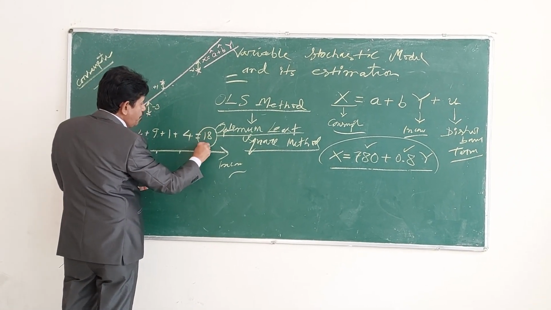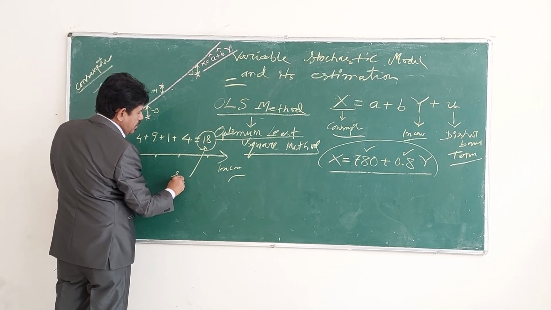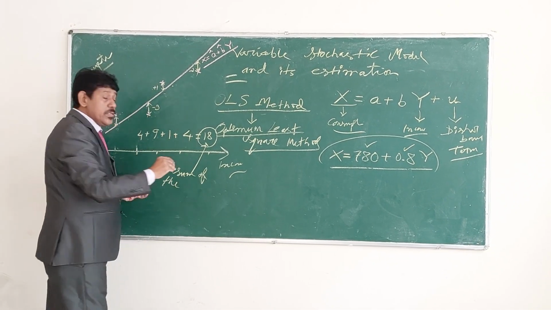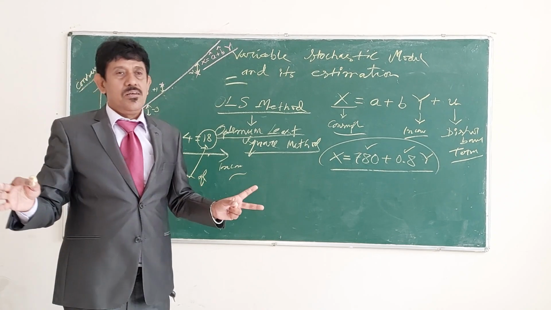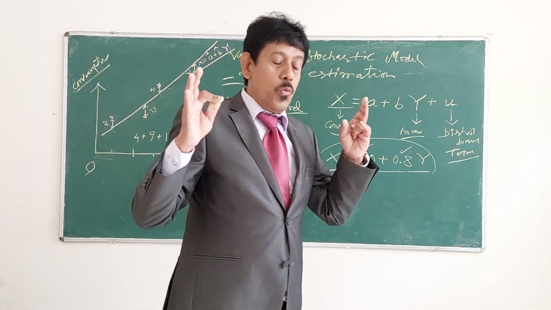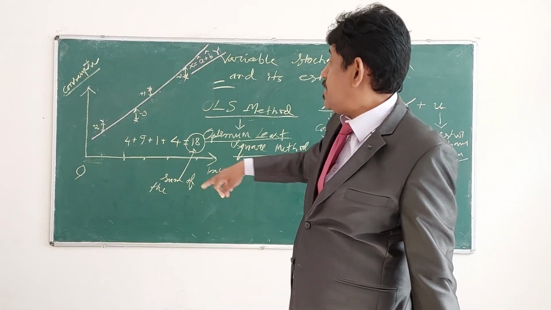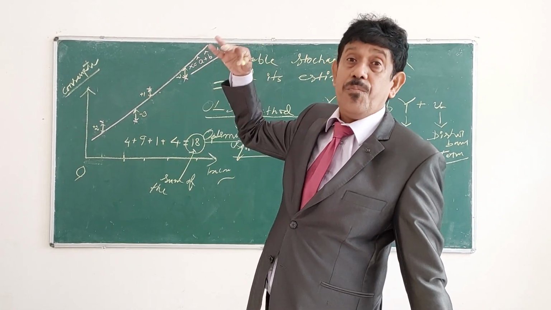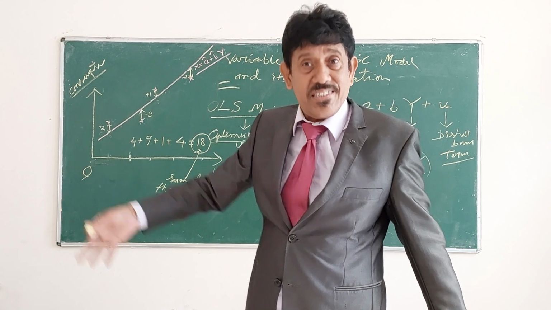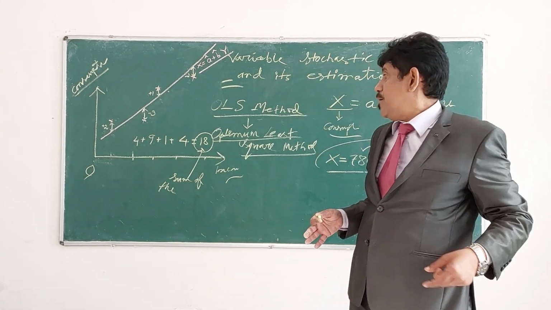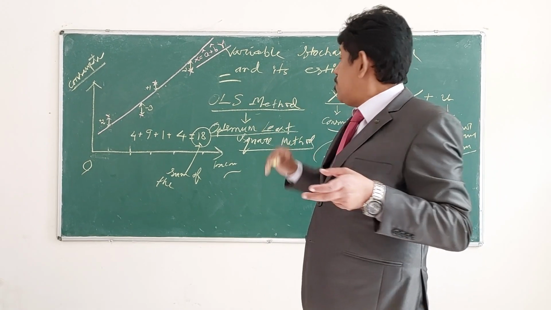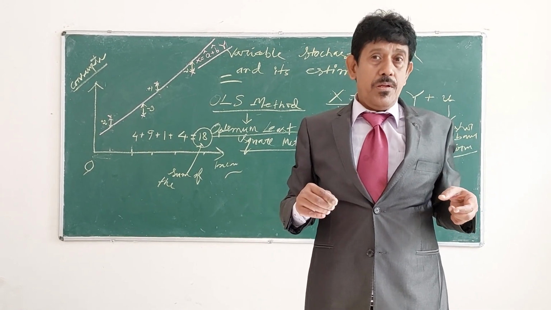So what is 18? 18 is the sum of the squares of the deviations. So we try to make this sum of the squares of the deviations optimum, minimum or least. That is the main theme of the method of optimum least square.